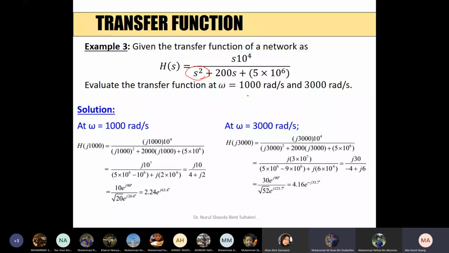Find the transfer function at omega equal to 1000 radian per second and at 3000 radian per second. This is very simple because we just plug in the value.